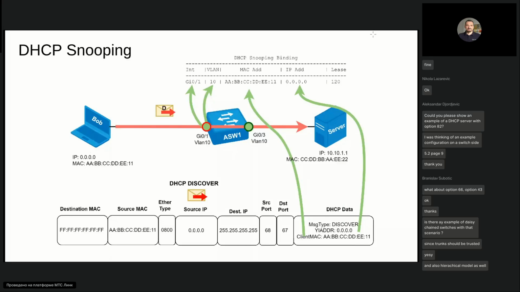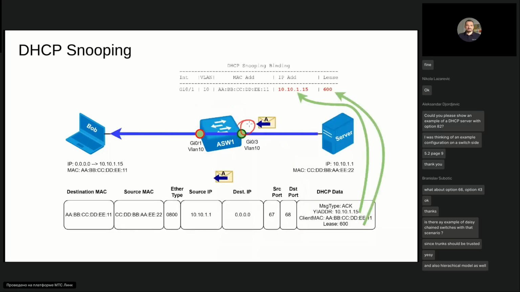Then here goes the offer, then the request, and then when the acknowledgement arrives at the trusted port, the acknowledgement is also inspected, and then we say, okay, who is it for? It is for this MAC address. Okay, we have this MAC address on this port.